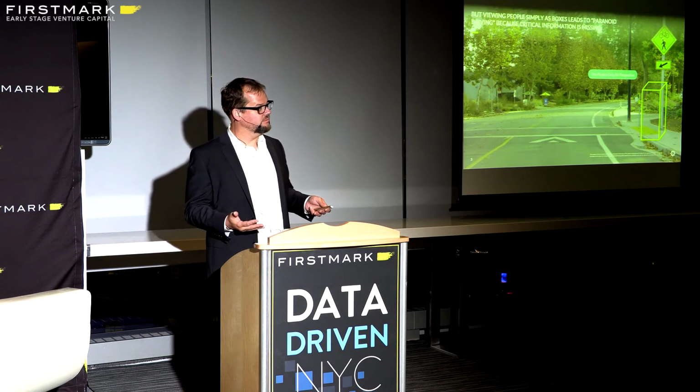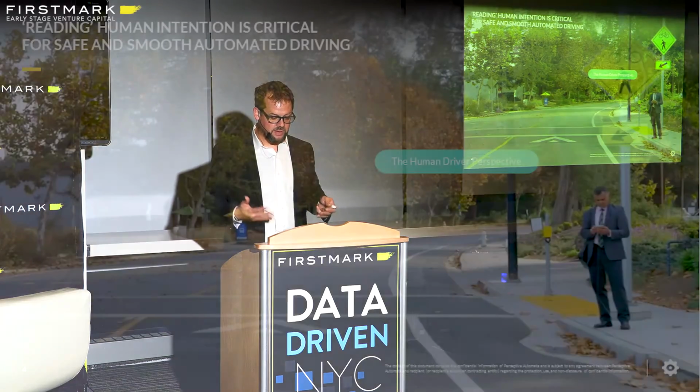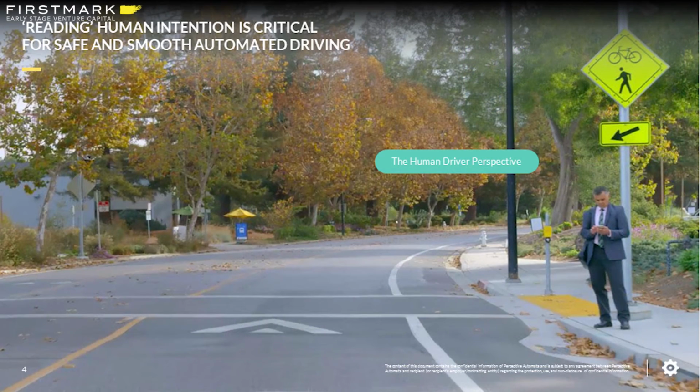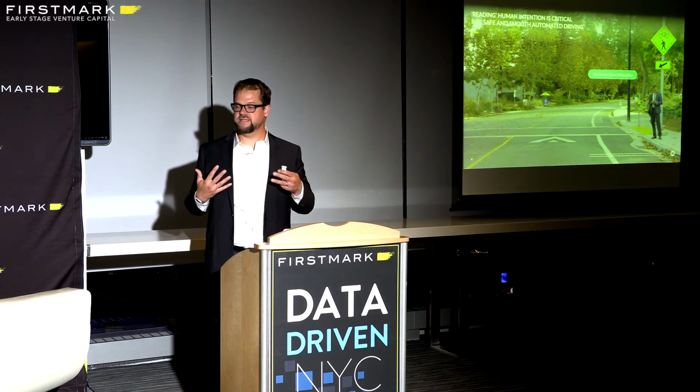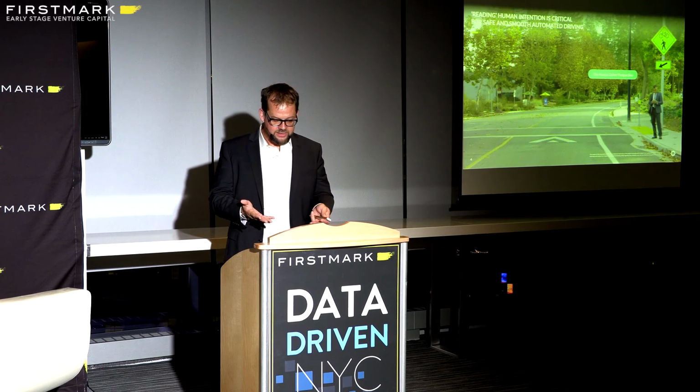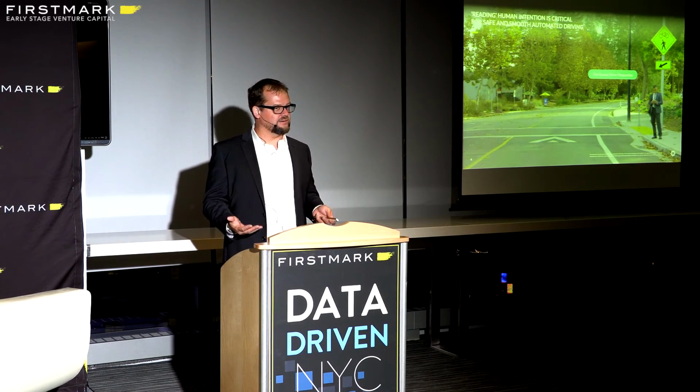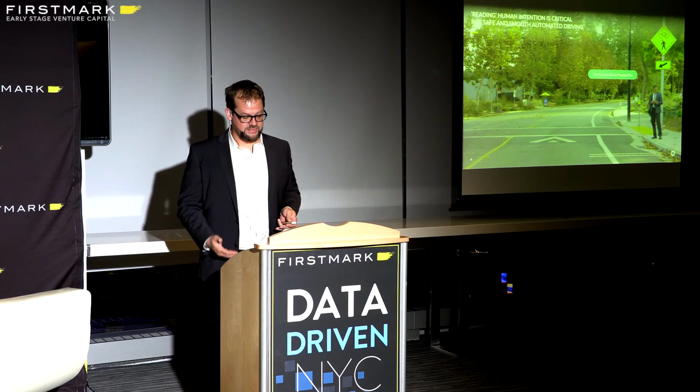As humans, when we approach this intersection, we have no problem because what we see is this. We see a person, and we see what they look like. We see them holistically. So this guy, look at him. He's looking at his phone. He's not going to cross the street. It's really obvious.